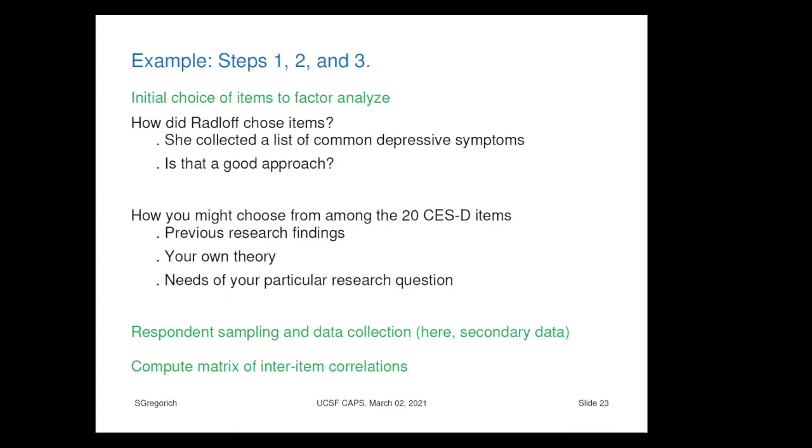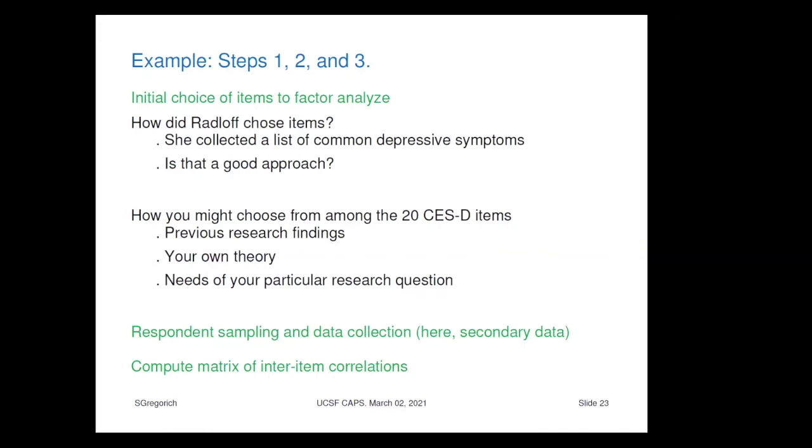So for steps 1, 2, and 3, this is a secondary data analysis, so I can choose to include all of the items that exist or a subsample of them. But for historical purposes, the author of the CESD, Radloff, basically collected a list of common depressive symptoms.